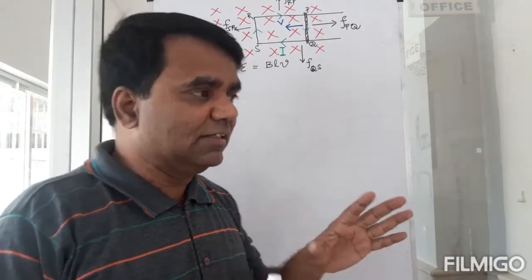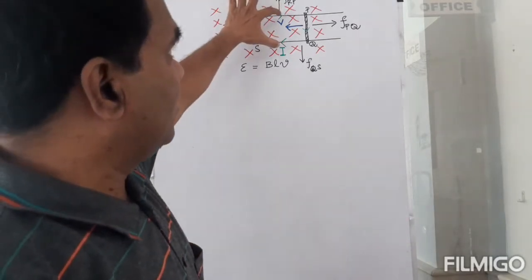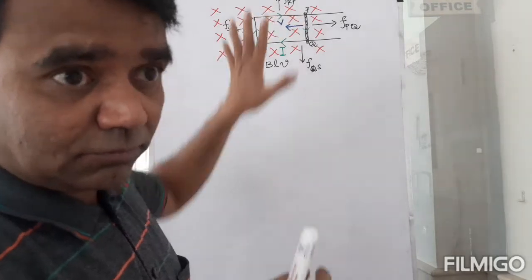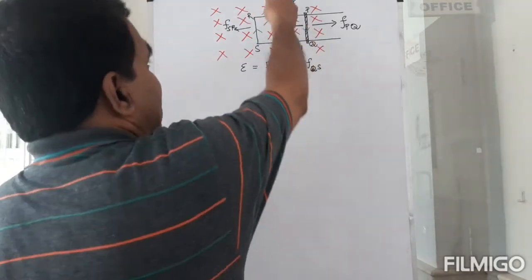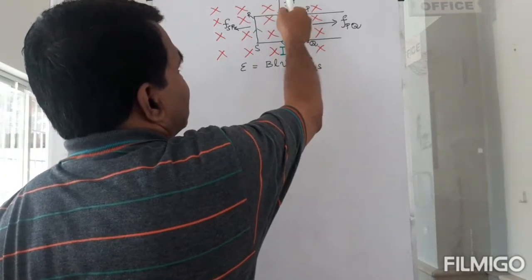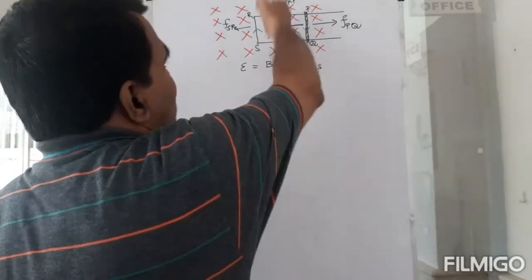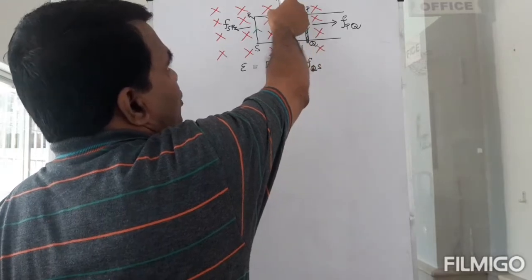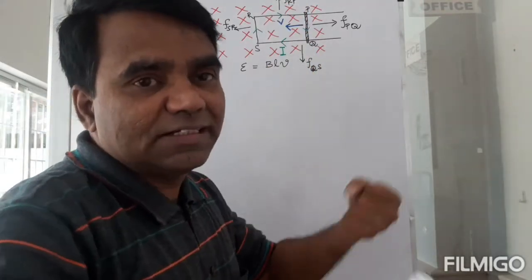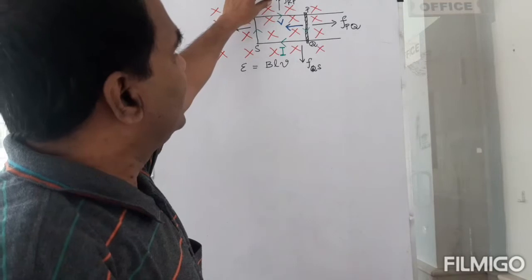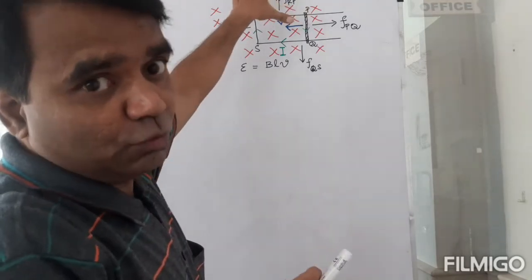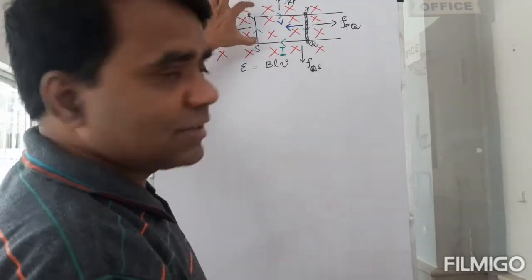It's like fixing this on a wall. If it tries to move, then because you fixed it on the wall, the friction of the wall will exert a countervailing force. So this won't move. It may experience a stress, but it won't move.